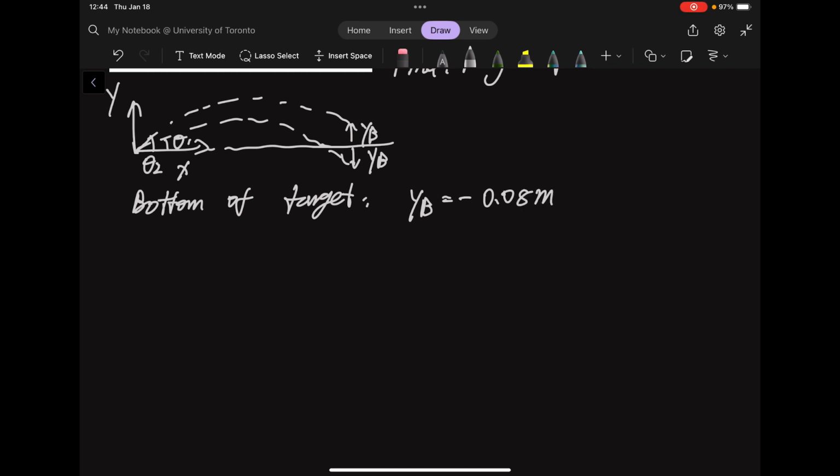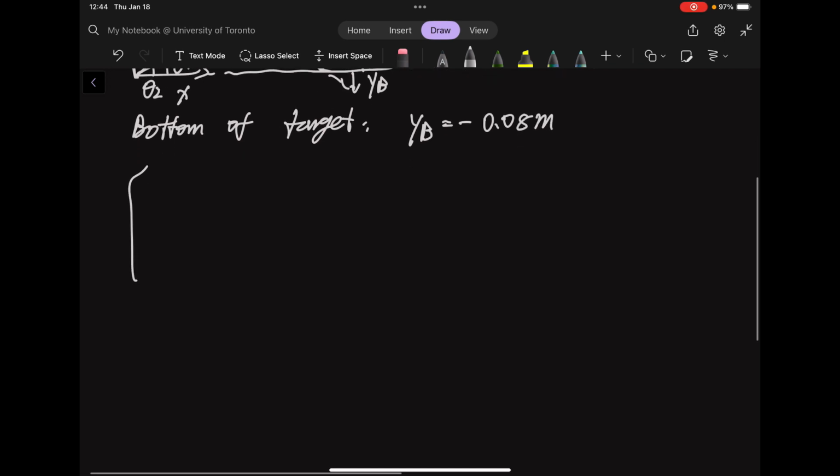0.08 meter. So we can use the formula we just got, which is XB is equal to XA, which is equal to 0 because A is origin, plus VXOT.